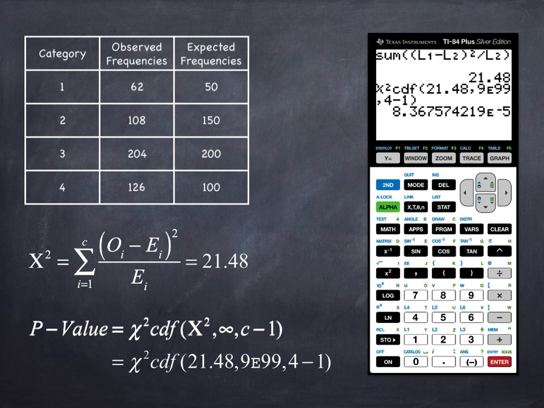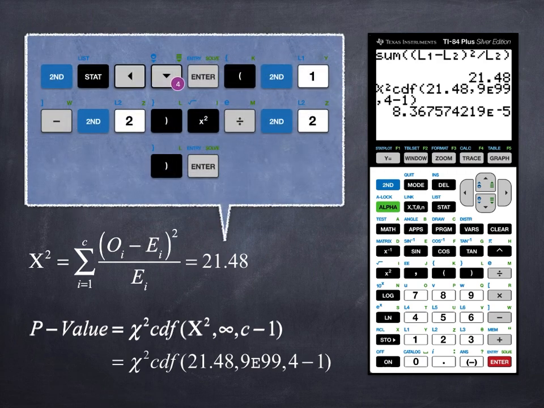Then, to calculate the chi-square test statistic value, we'd have to press second, stat, arrow over to the math menu, arrow down to the sum command, press enter to select, then left parenthesis, second 1 for list 1, subtract, second 2 for list 2, close parenthesis, square, divide by, second 2 for list 2, close parenthesis, and press enter.